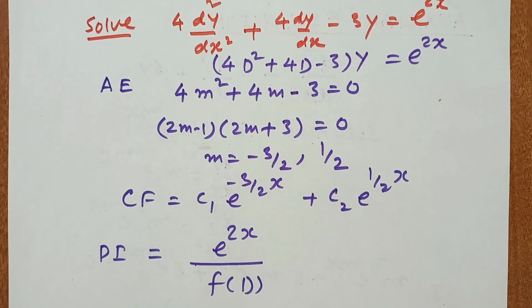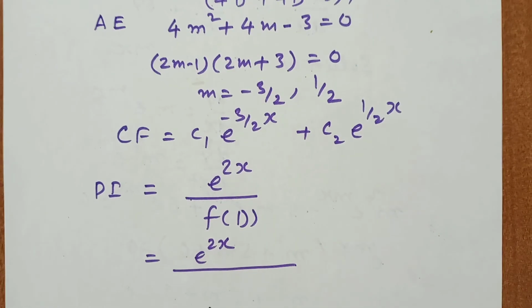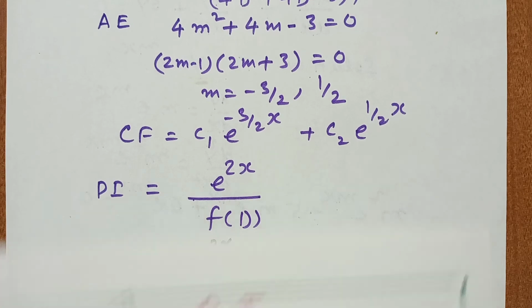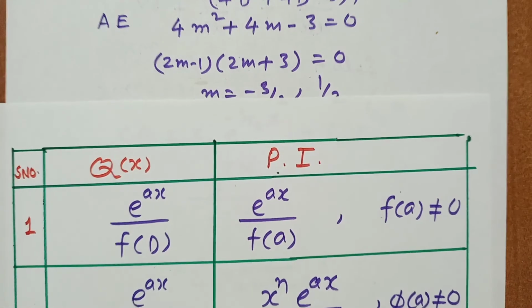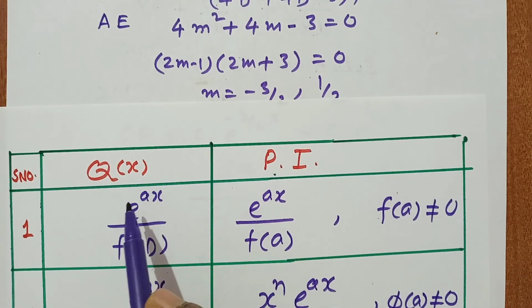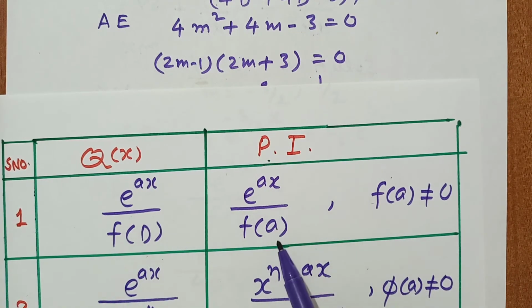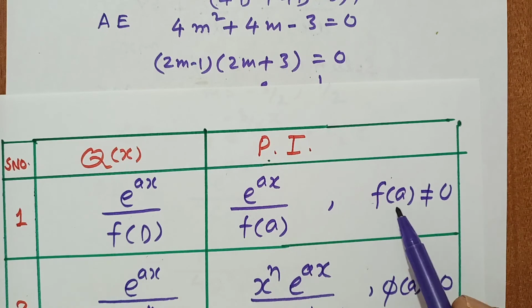Okay, so this is equal to e to the power 2x upon fD, that is 4D square plus 4D minus 3. As we have explained for the particular integral, if Q is equal to e to the power ax, we will use the formula: e to the power ax upon fD is equal to e to the power ax upon f(a), provided f(a) is not equal to 0.